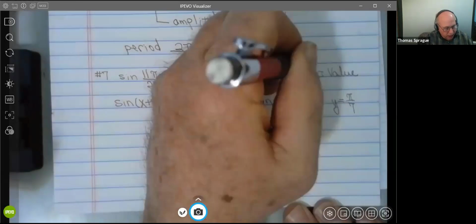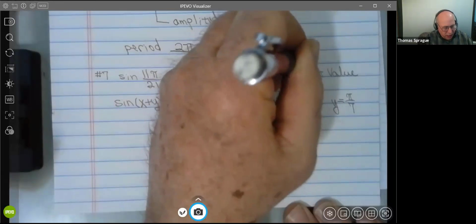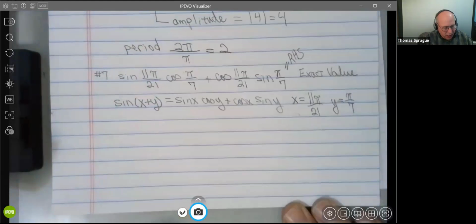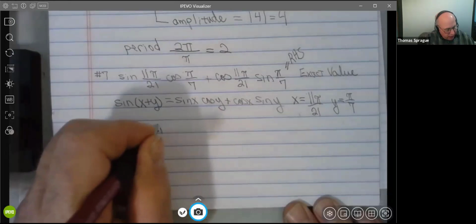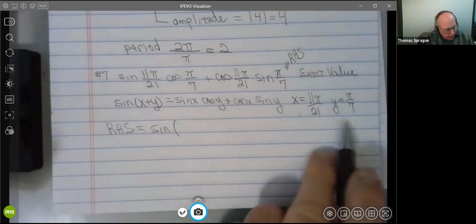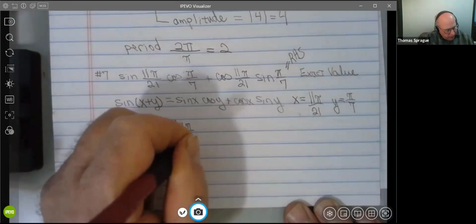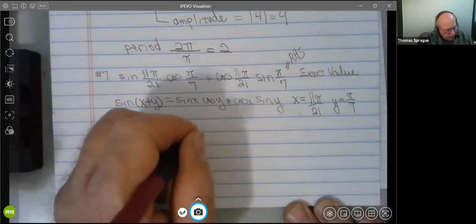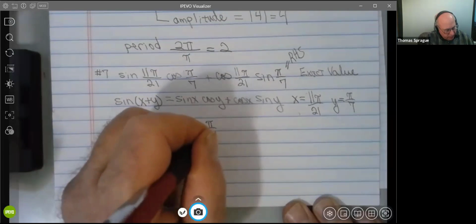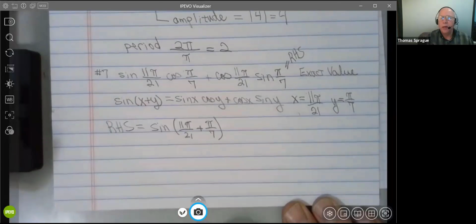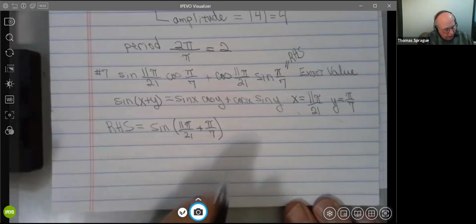So let me just use that abbreviation, RHS, right hand side. That right hand side is equal to the sine of x plus y, but x is 11 pi over 21, and y is pi over 7. And now I just have to put these two together.